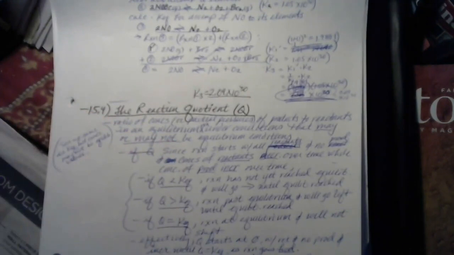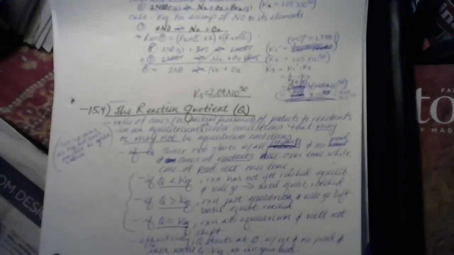And as time goes on and you use up some of the products in the numerator and you generate more and more reactants in the denominator, that number for Q will come down if you're moving backwards. But again, once you get to equilibrium, the point where Q is equal to Keq, then it stays that way unless you disturb it somehow by changing the temperature or something like that.